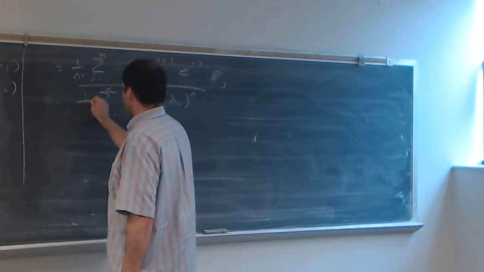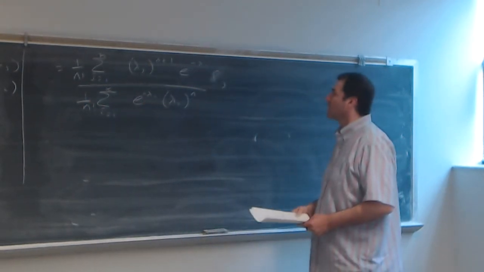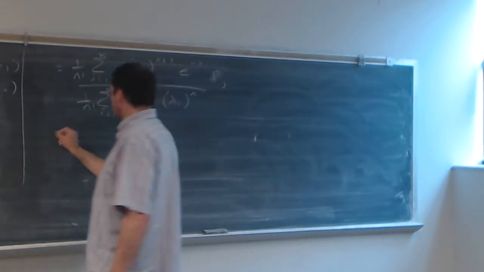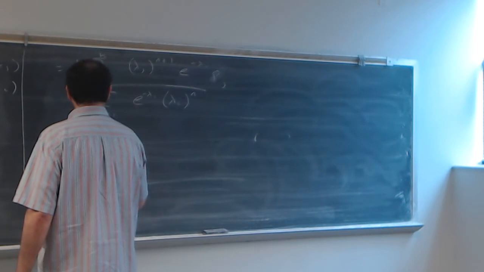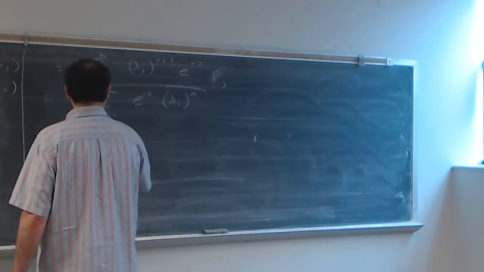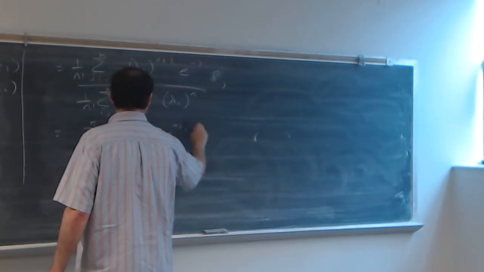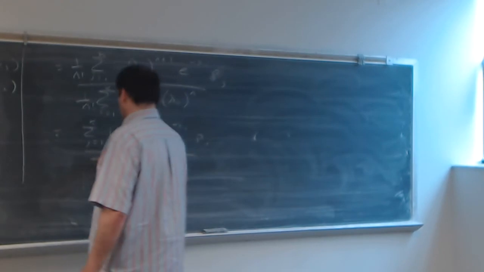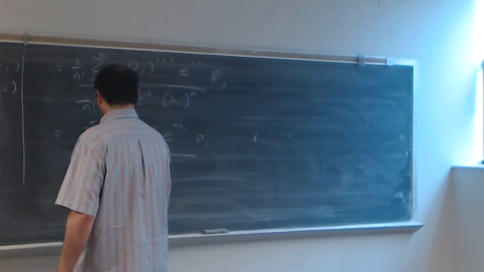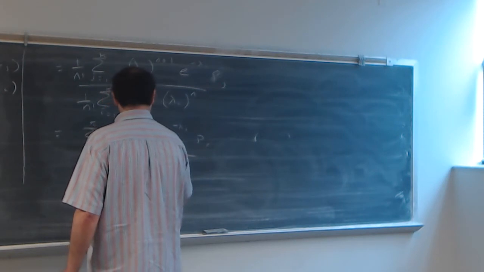And then it had a 1 over n factorial, which I'll pull out in front. Okay, so this is equal to the sum as j runs from 1 to k of lambda j to the n plus 1 e to the minus lambda j p sub j. These 1 over n factorials cancel with each other. Sum as I runs from 1 to k e to the minus lambda I.